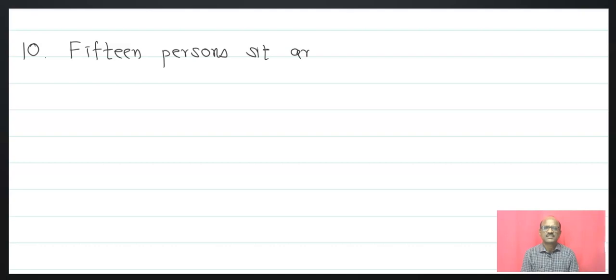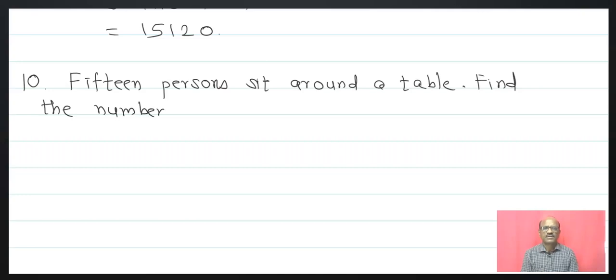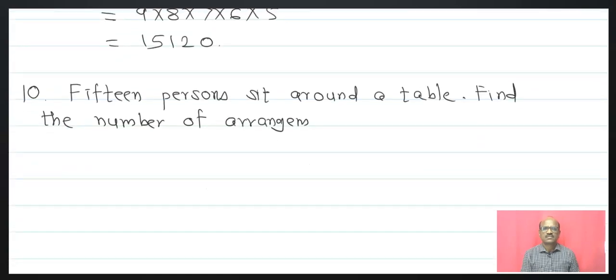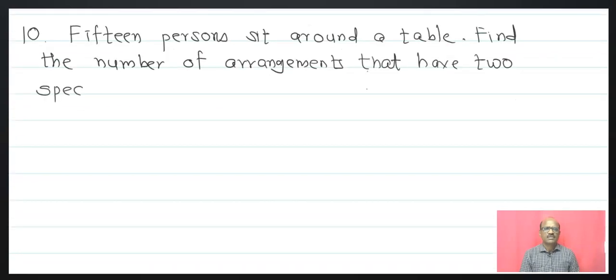Now question number 10. 15 persons sit around a table. Find the number of arrangements that have two specified persons not together.